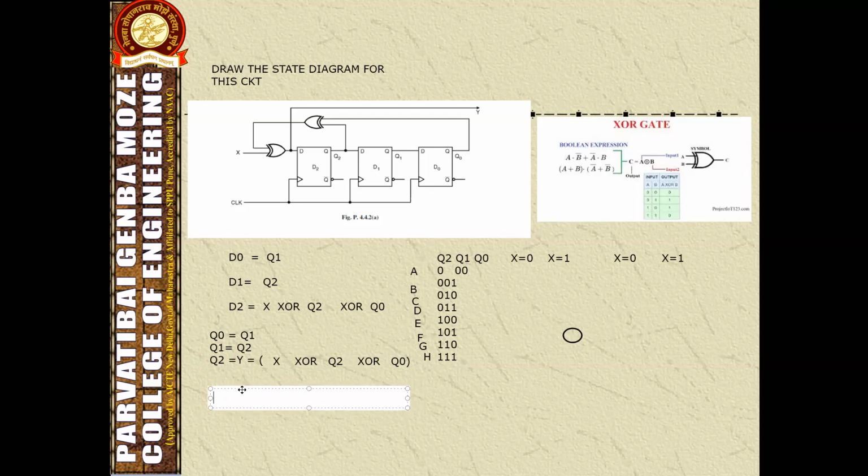See the D0. First, we have to consider what output is available at this terminal. So Q2 is available as the XOR operation of all the things. Now our X is 0, so I am considering 0.